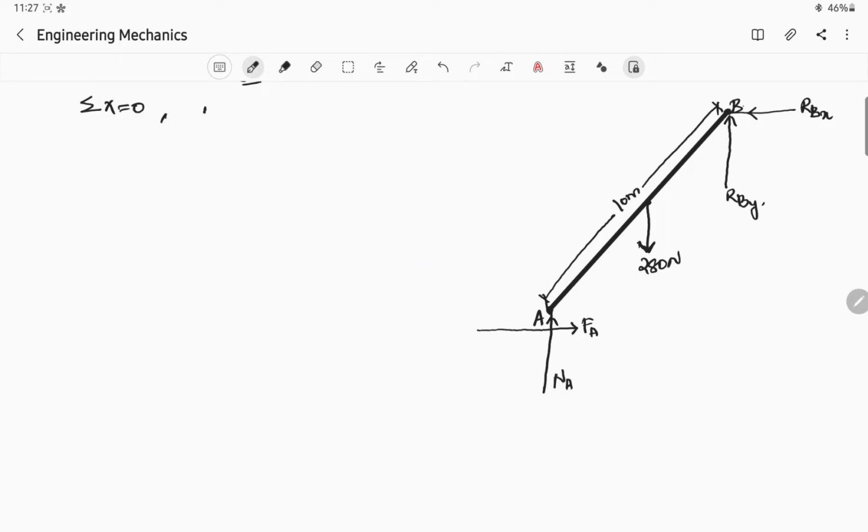So Fa is going in the right side direction and Rbx is going in the negative x direction, so Fa minus Rbx is equal to 0. Instead of Rbx, I'll take Hb, and instead of Rby, I'll take Vb for convenience.